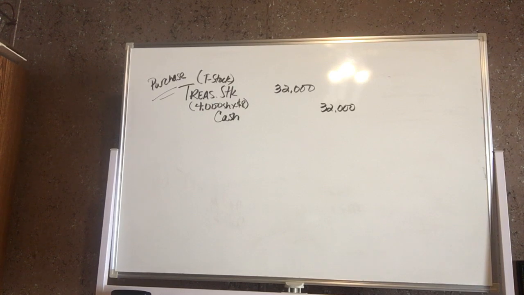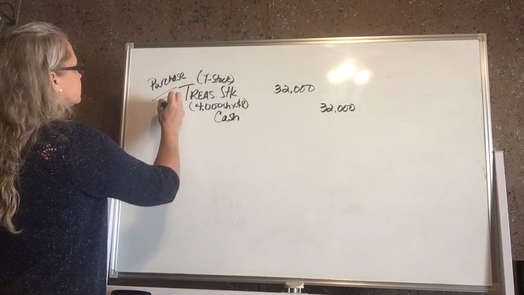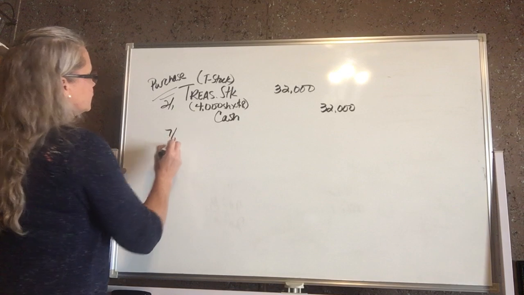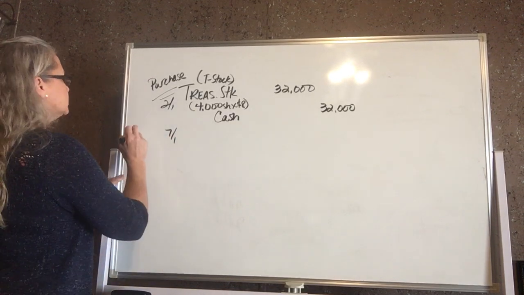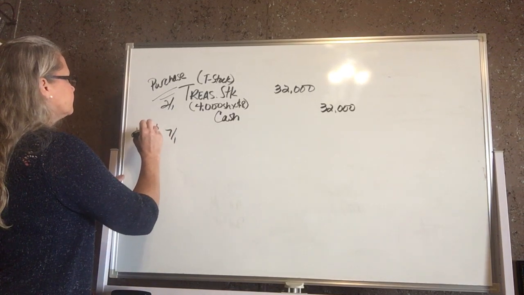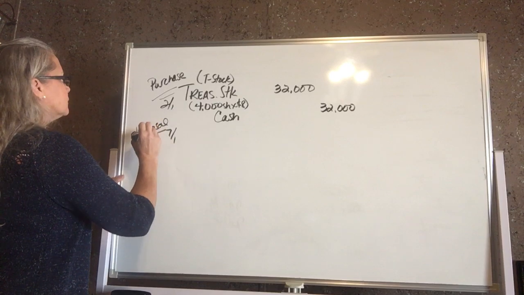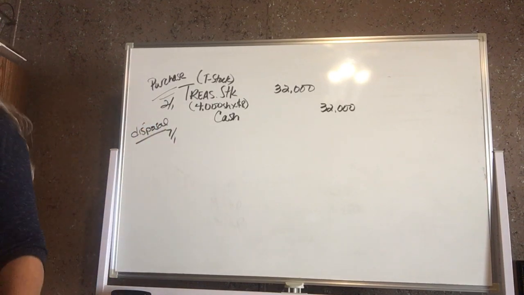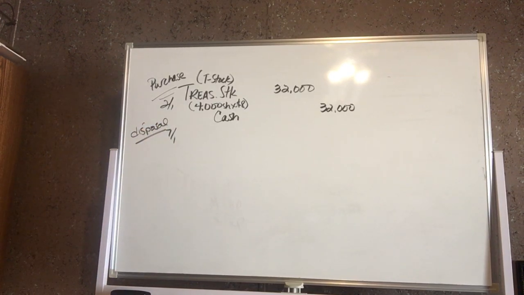Now down the road, we may decide that we want to sell some of that. So if we look on page 17, it says to illustrate, assume on July 1st, this is February 1st, on July 1st, this is going to be disposal. We are going to sell for $10 per share, 1,000 of the 4,000 shares that we bought at 8.